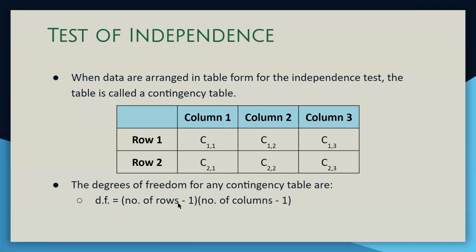So 2 minus 1 is 1, and 3 minus 1 is 2. 1 times 2 is 2. So the degrees of freedom for this contingency table would be 2. Unless you have a very large contingency table, meaning you're comparing variables that have a lot of possible categories, those degrees of freedom are typically going to be fairly small.